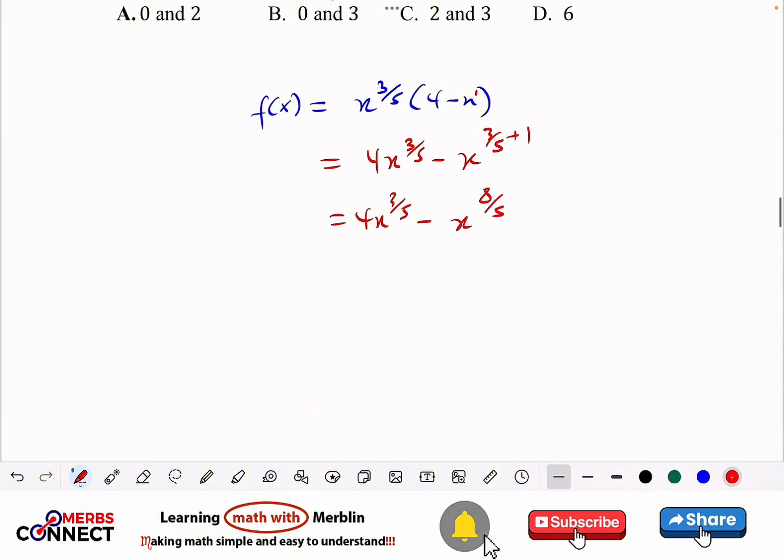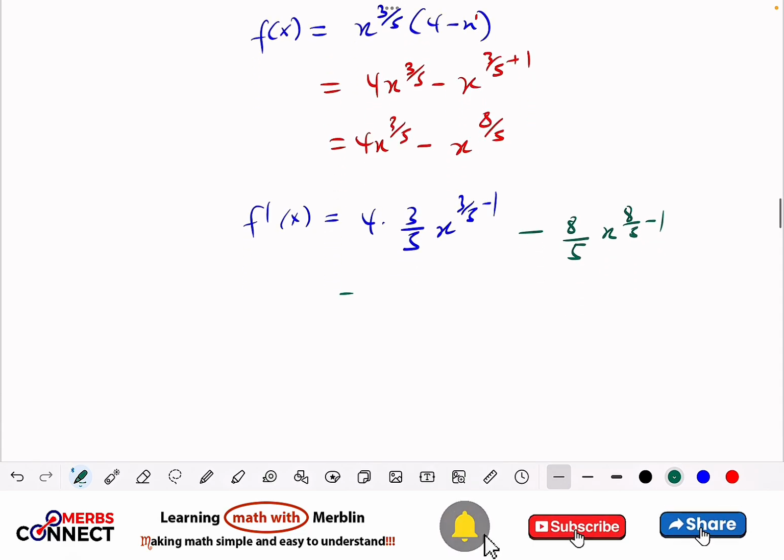So now I can differentiate this. f prime of x will be equal to 4 times 3 on 5 times x to the power 3 on 5 minus 1, minus 8 on 5 x to the power 8 over 5 minus 1.